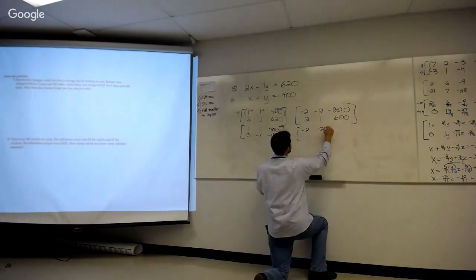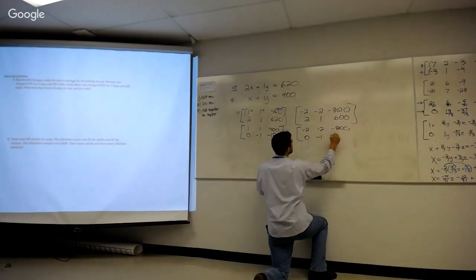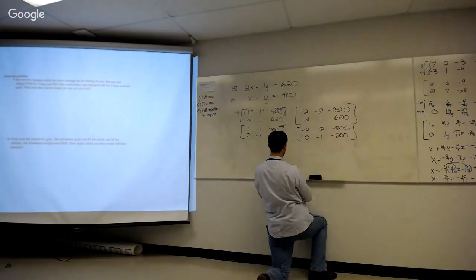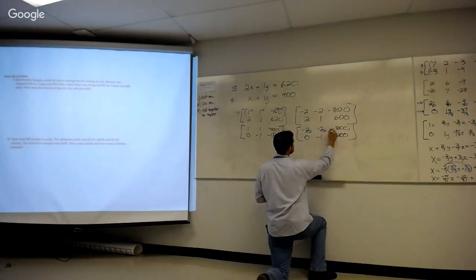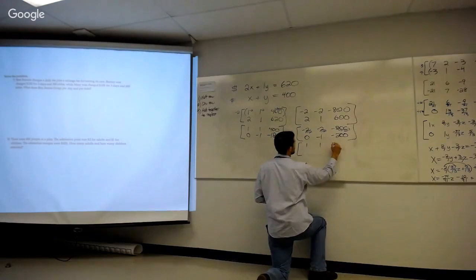You keep the top one, and now add them and replace the bottom one. And now you just have to go back and divide the top row by -2 again. It's just a little bit of extra work, but if that's what makes sense to you, I want you to do what makes sense to you. And then we get back to 1, 1, 400, and 0, -1, -180.